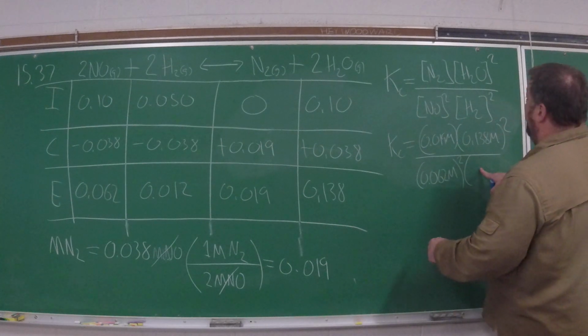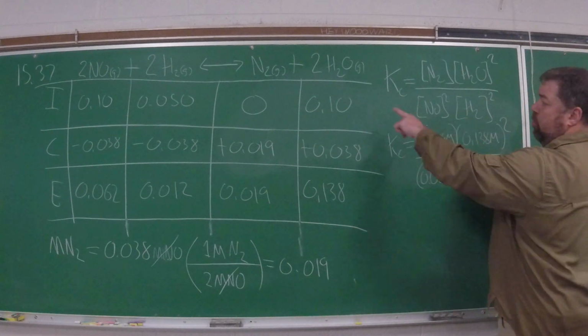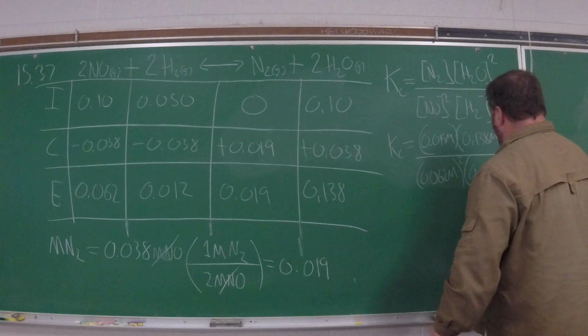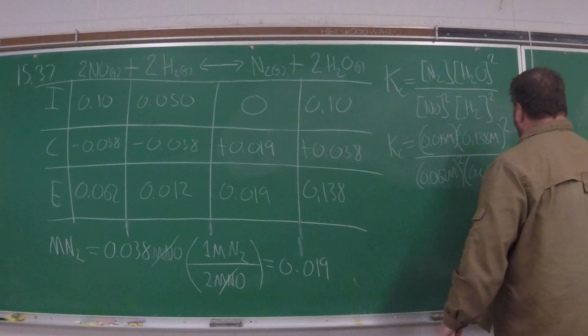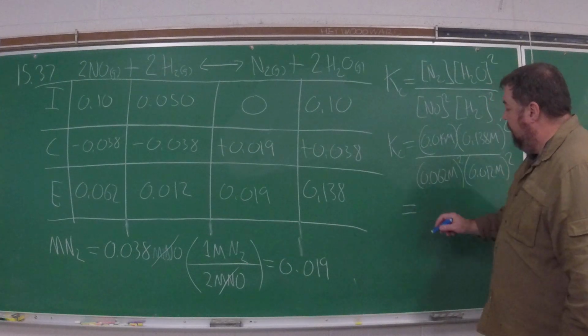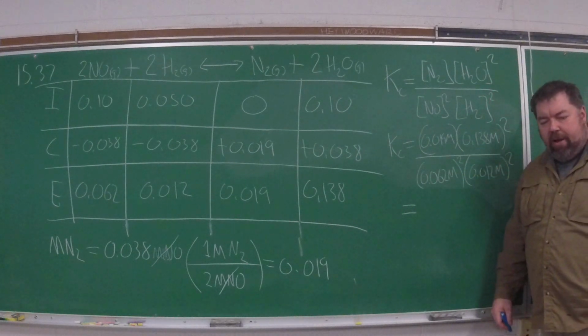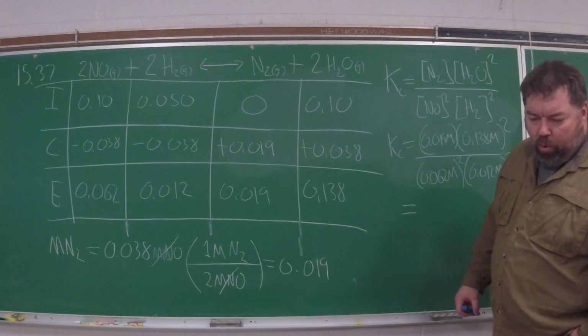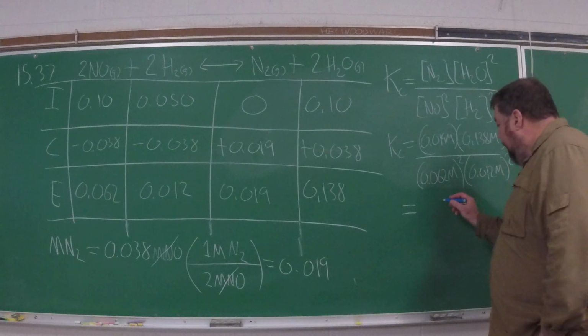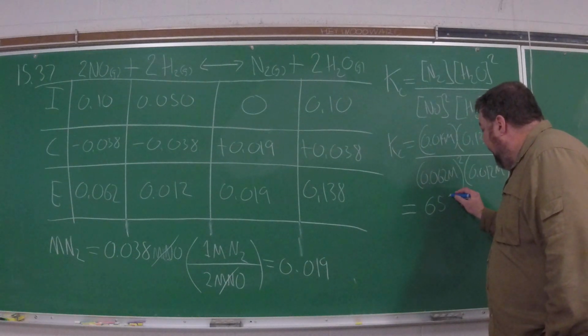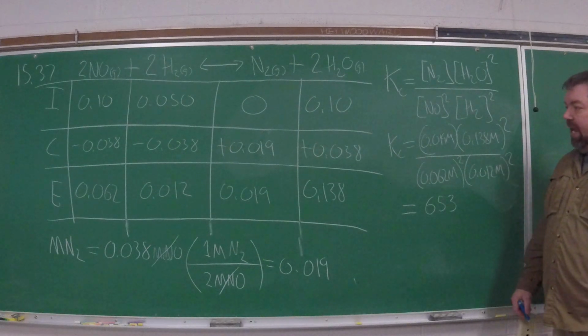And then here, I have H2 squared. Punch all that into your calculator, and according to what I did earlier, I have 653 for my Kc.